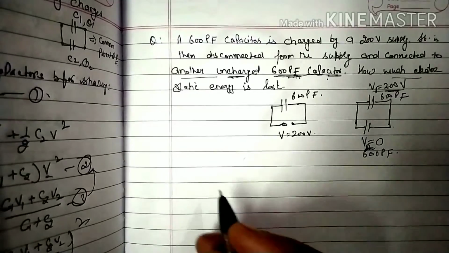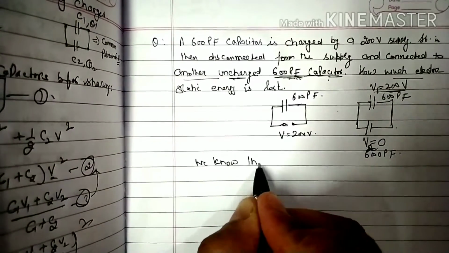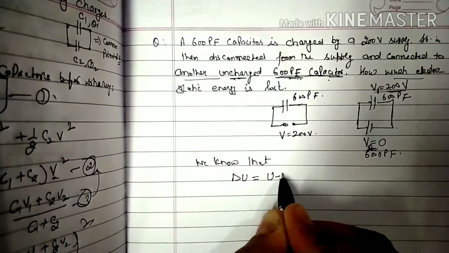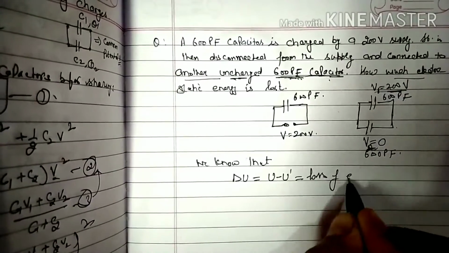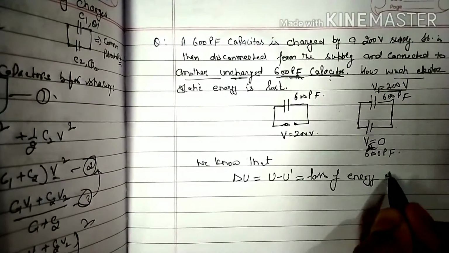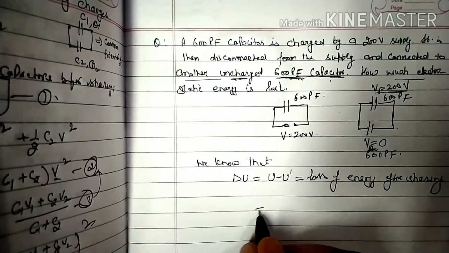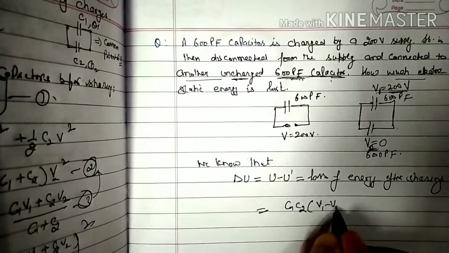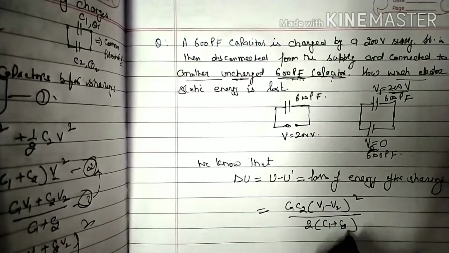So we will use the formula: delta U, that is U minus U dash, the loss of energy after sharing, is C1 C2 V1 minus V2 whole square divided by 2 C1 plus C2.